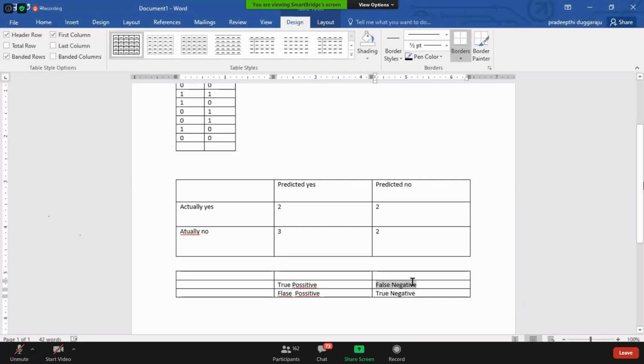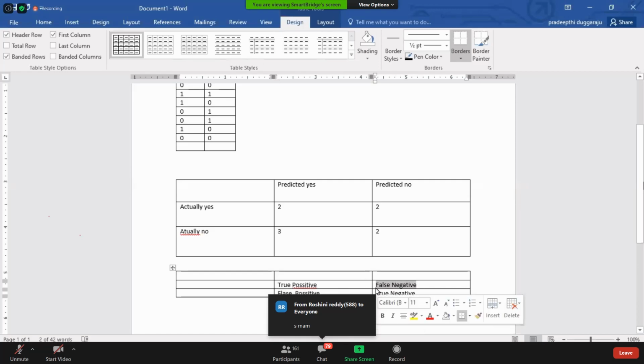This is false negative. This is false positive. Did you understand this? So this is true positive, this is true negative, false positive and false negative.